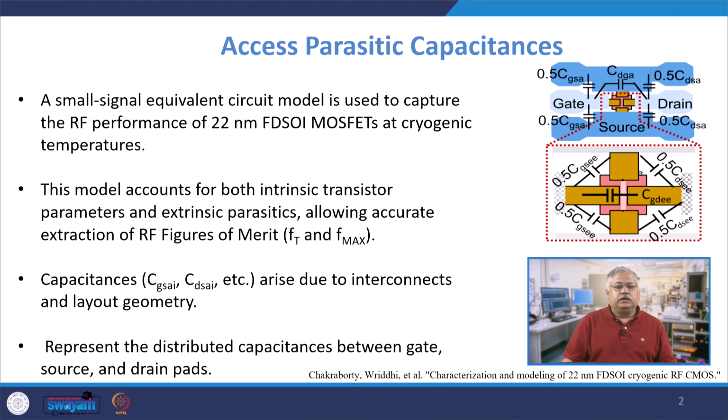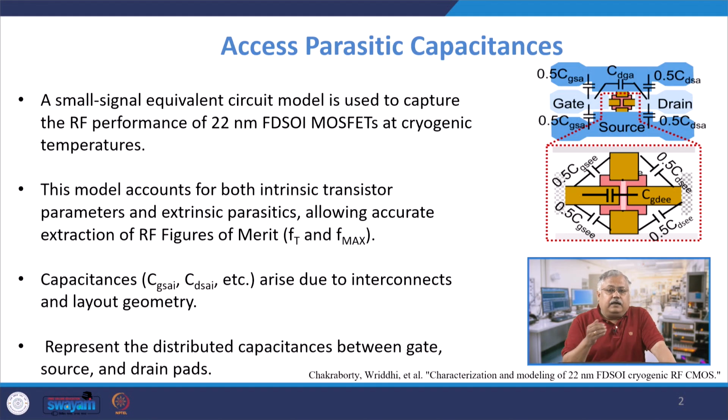Why is it important? Because generally when we try to extract the physical parameters of the device, say for example you want to do a transient analysis or you want to do an AC analysis, it is imperative to know the capacitive model and the resistive model, and if there is some inductive component in the model as part of the design, so that you can predict the RC time constant, and therefore you can predict a priori, from first principles, the values of the various time constants available to you.